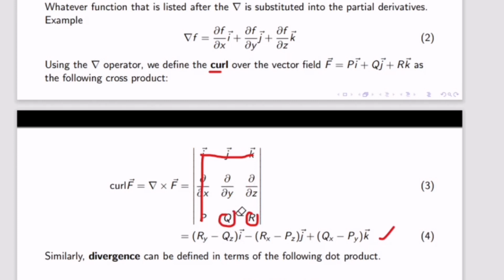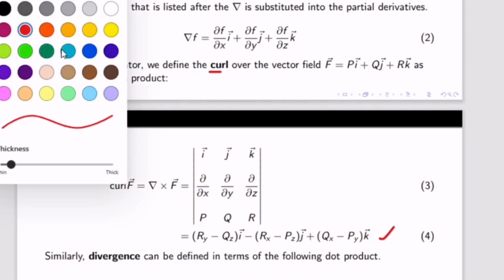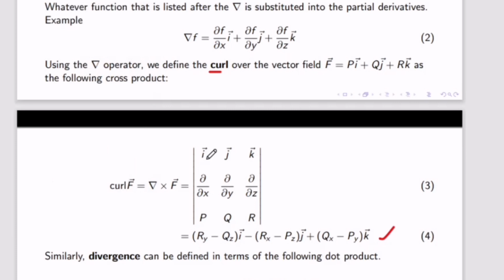With the second one, let me clean this and take a different ink. Okay, blue. For the second one, you cross this one like this, you cross this in the middle. Then minus this will go here.